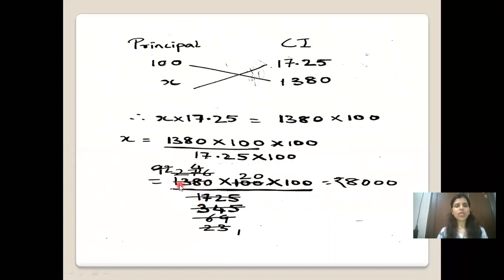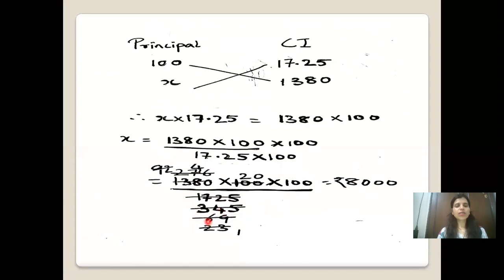So now you can see that what I have done over here is instead of 3 I have taken 5 because here it is 0, so I can divide it with 5 and 0.